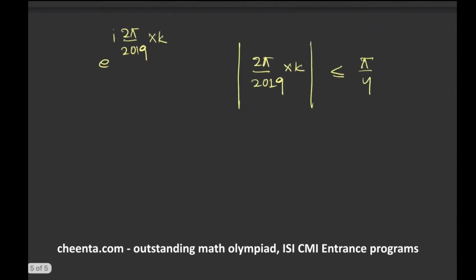So what does that give us? That actually gives us that k, being an integer, has to be less than or equal to 252.